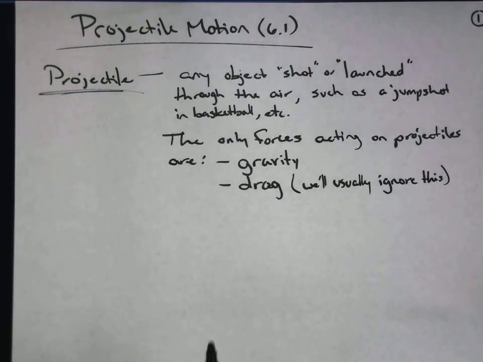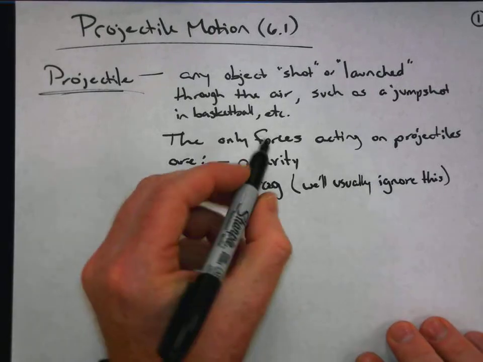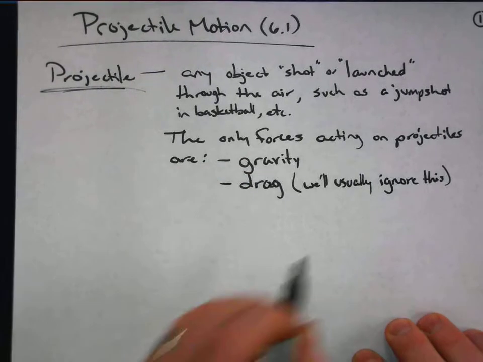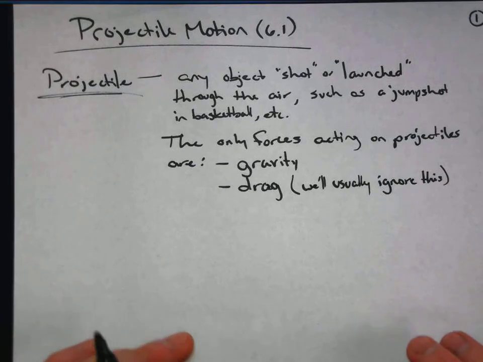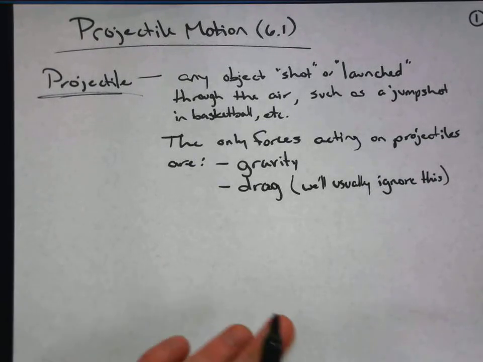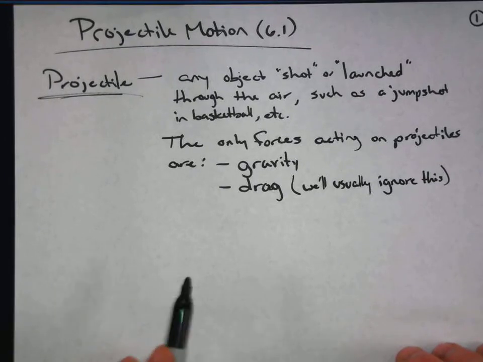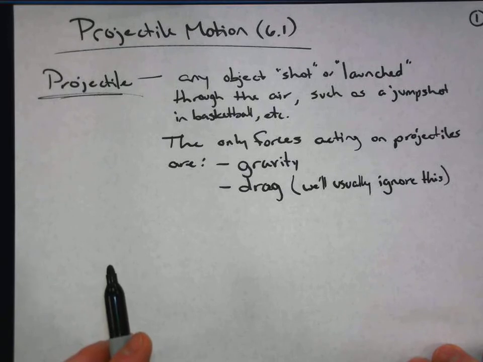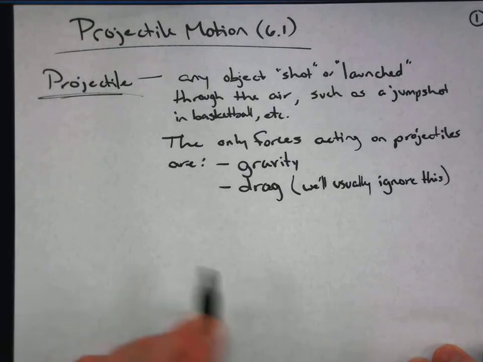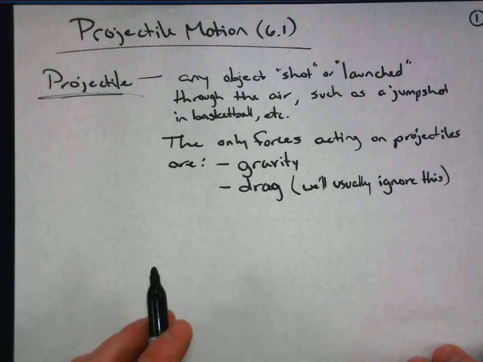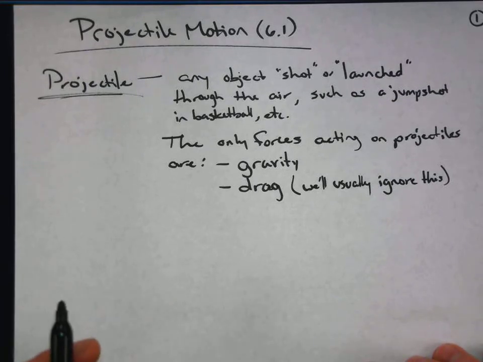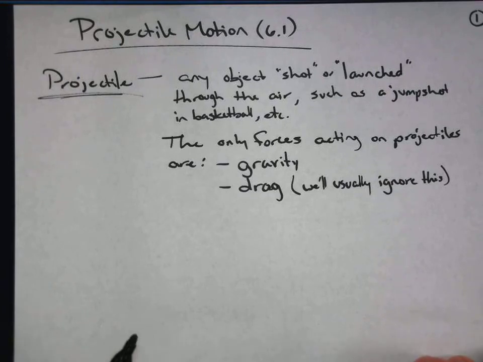And there's a couple reasons. Number one, it makes our problems easier, because if you are trying to figure out drag and incorporate that, the problem, if you really do it right, is super complicated, and we're not going to get into that. But also, lots of things moving through the air move in a way where drag really isn't affecting the motion of the object in a big way. Something like a feather falling, sure. Something that is spending a long time falling through the air, yes. Drag is a factor.